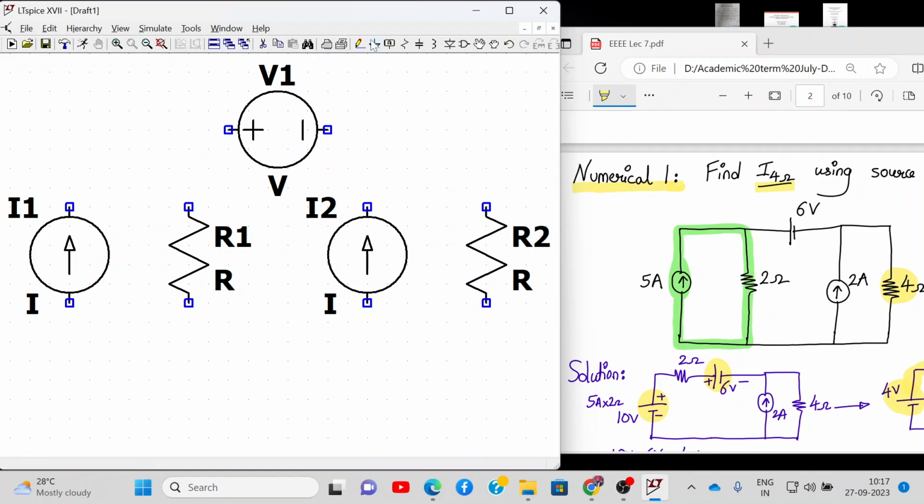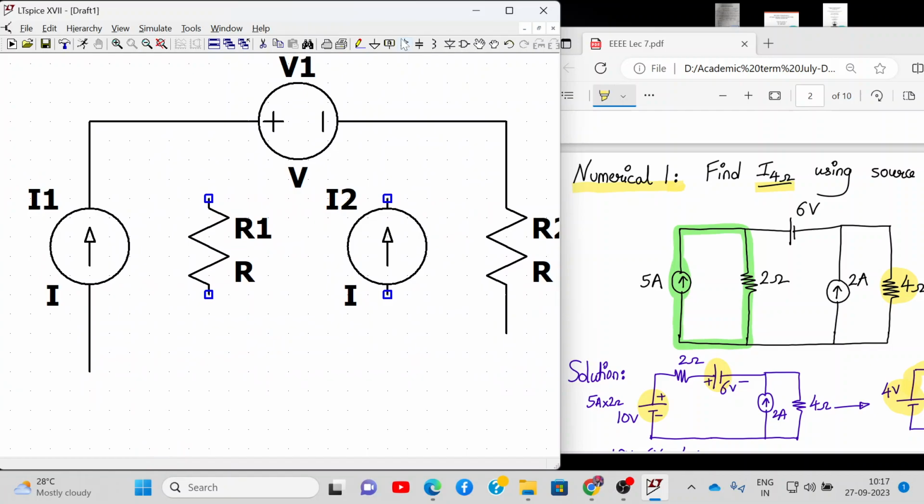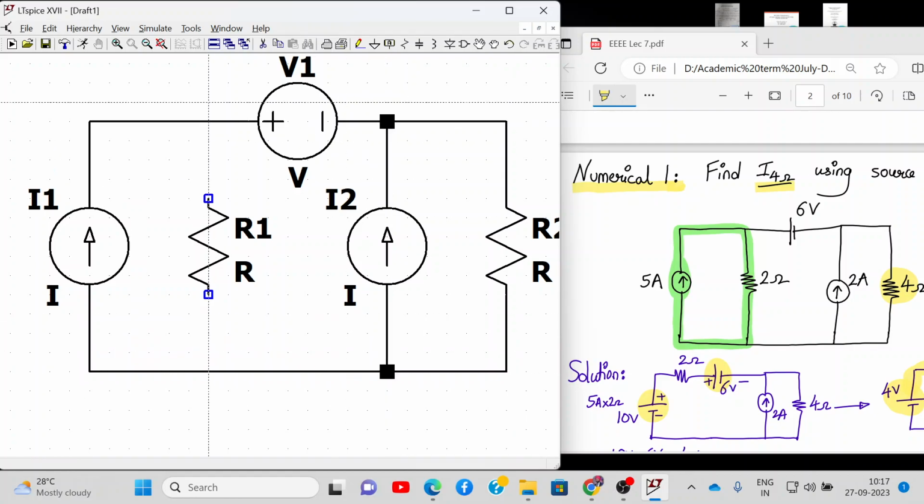Now I'll connect them with wire quickly. All right, let me connect the entire circuit. We will connect this current source in this fashion and this resistance over here. Remember, in LTspice we need to always connect the ground.